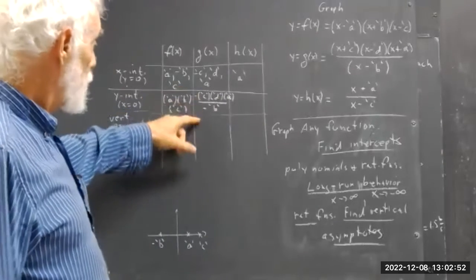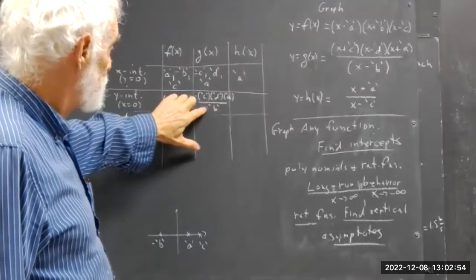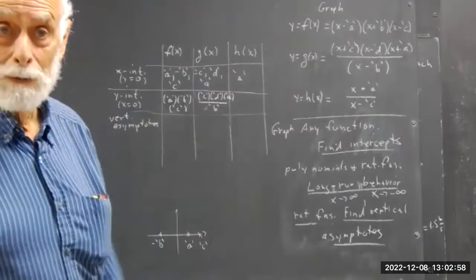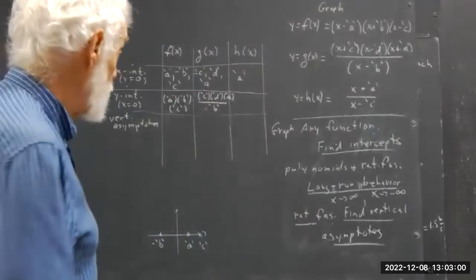And of course, you've got negative and negative, so you can just kind of, okay. We don't need to write the two negatives, okay? I think everybody understands that.